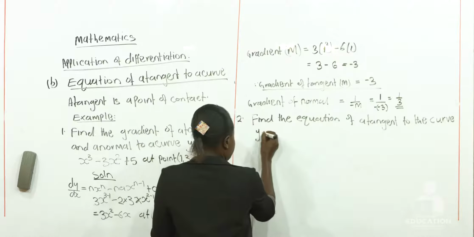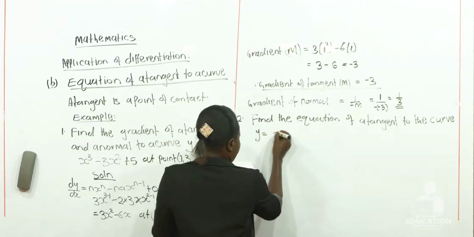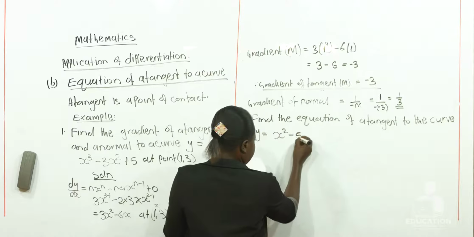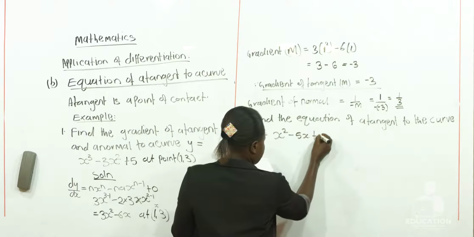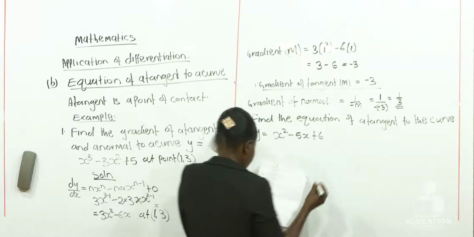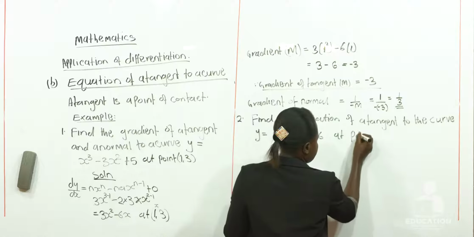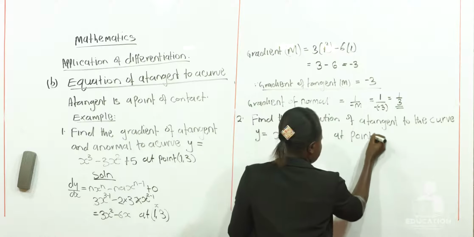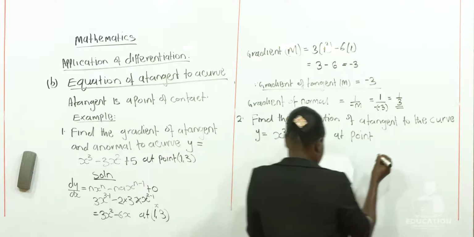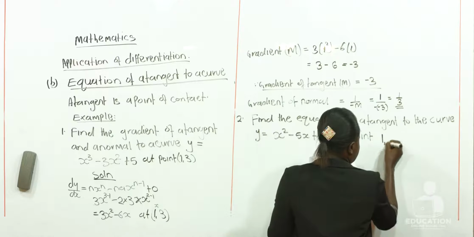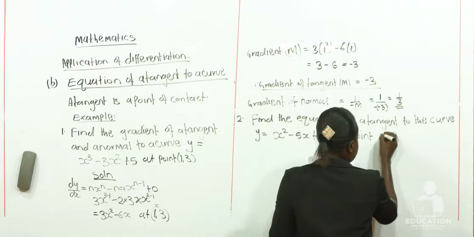Y equals x squared minus 5x plus 6 at point (1, 0).